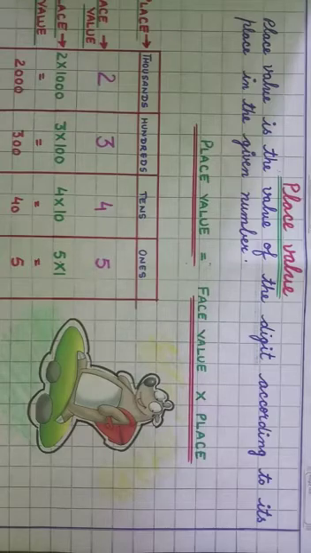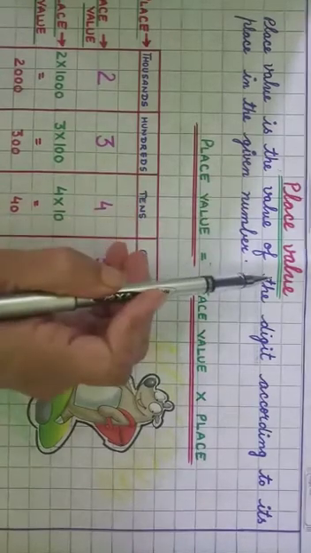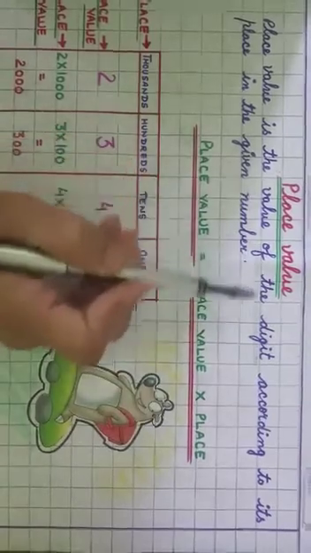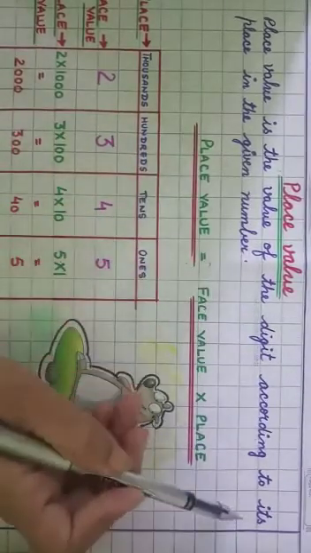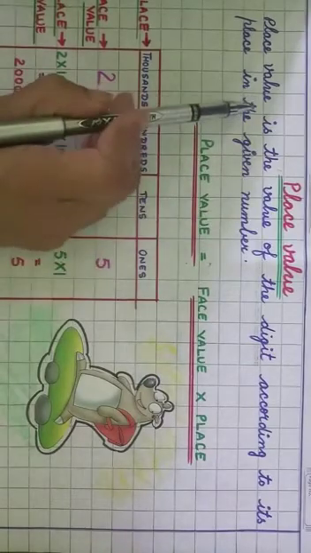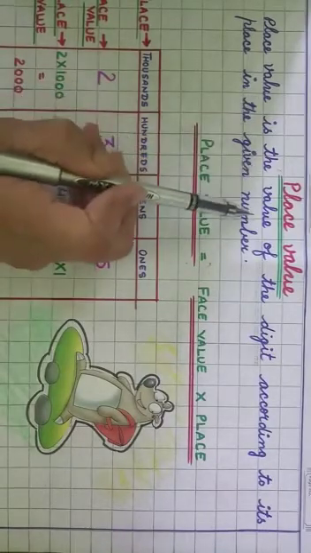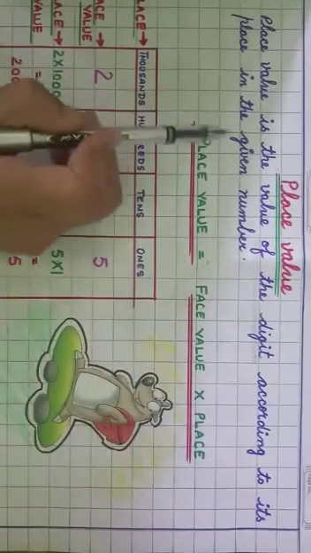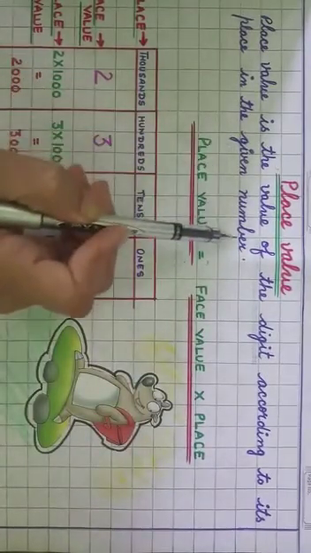Now second is place value. Place value is the value of the digit according to its place in the given number.